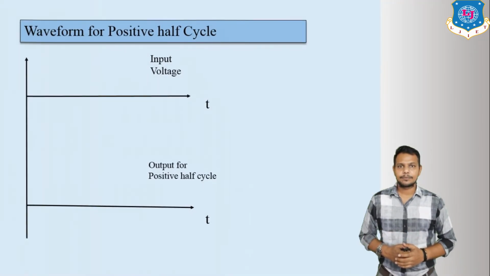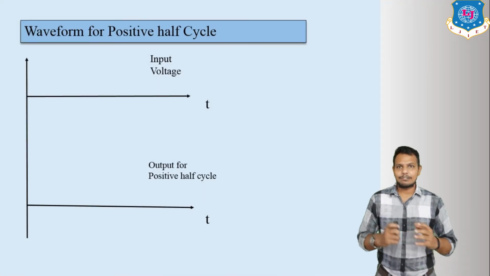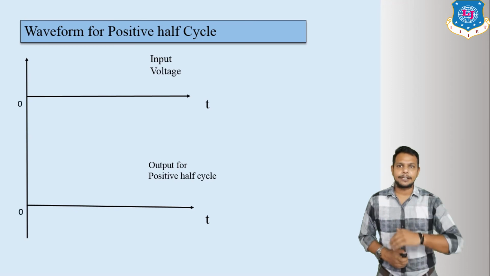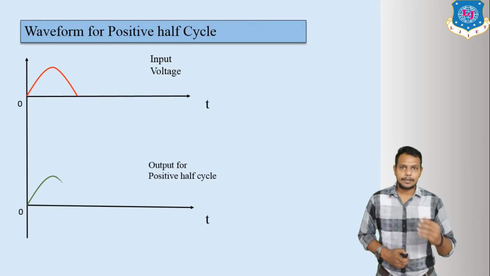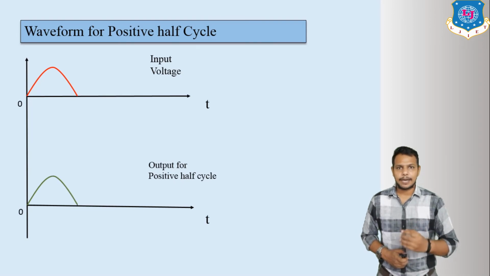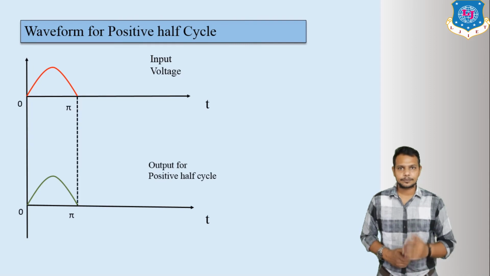Here we can see the positive half cycle waveform. If we enter a positive waveform, then we will get a positive waveform at the output side, from 0 to pi.